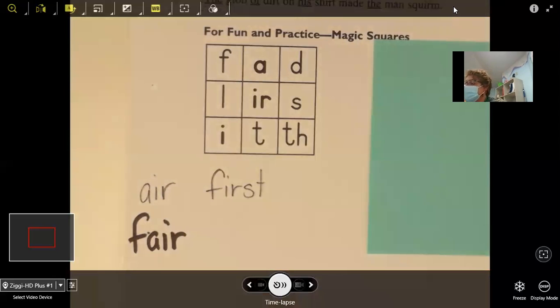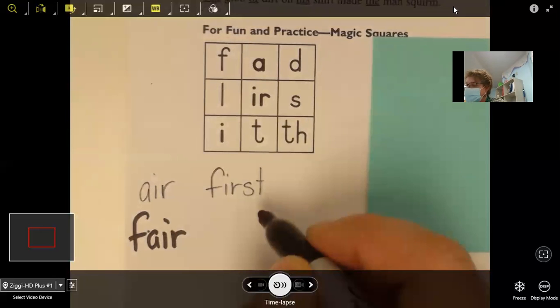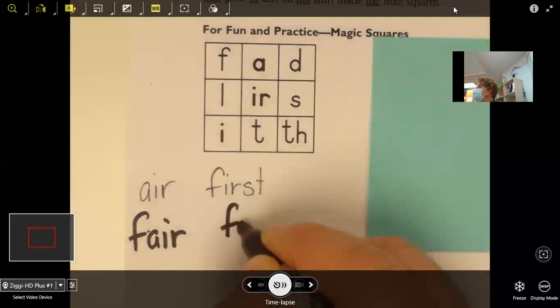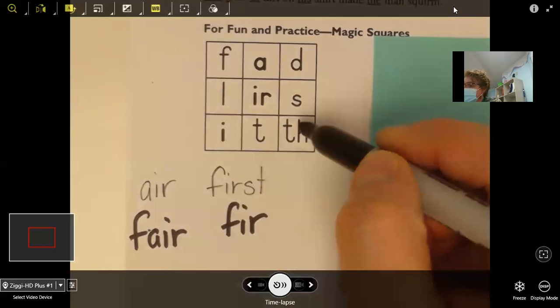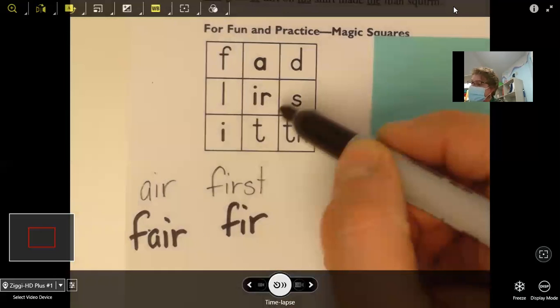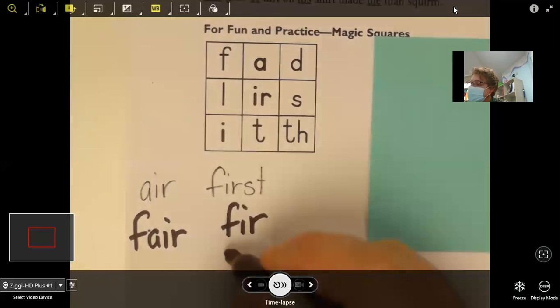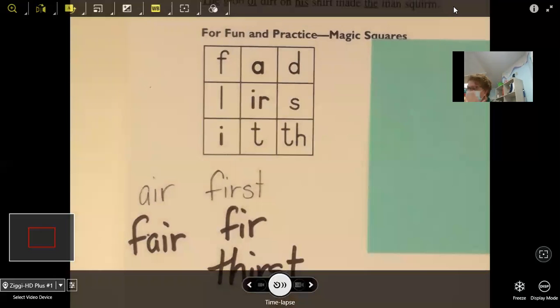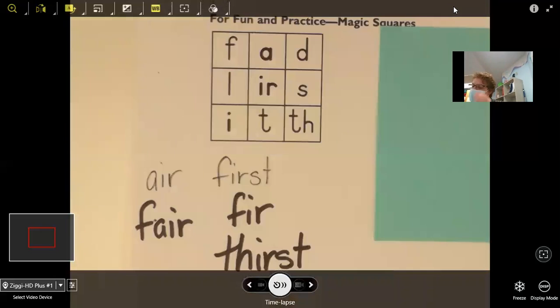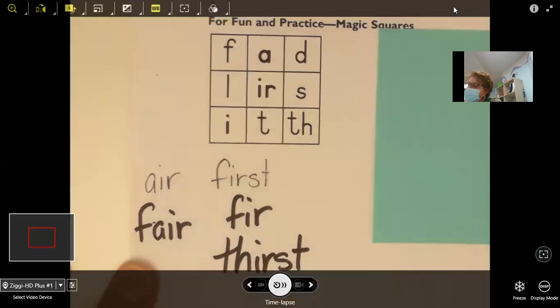Fir. Can you spell it for me? Very good, like the fir tree. Gabe. Thirst. Look, it's you. That's a great one. You even followed all the directions. Nice. Woohoo. All right, what do you think, Sawyer? I see one.